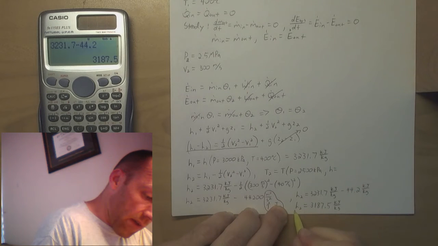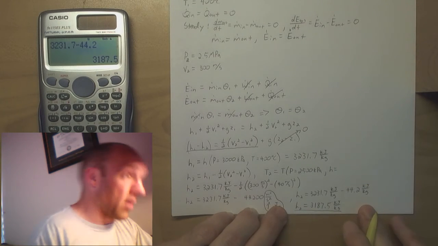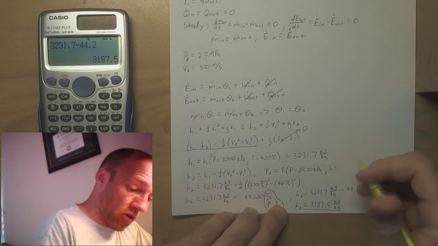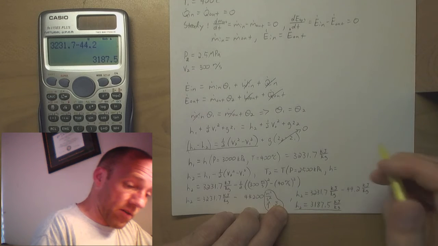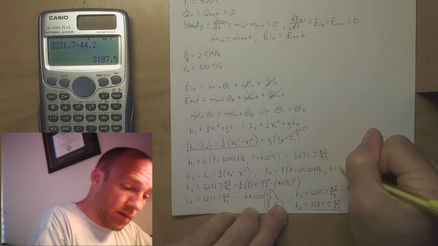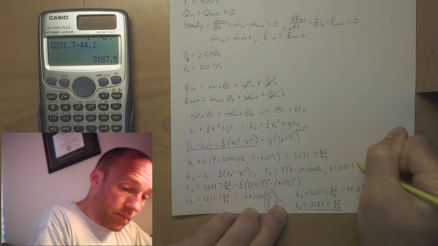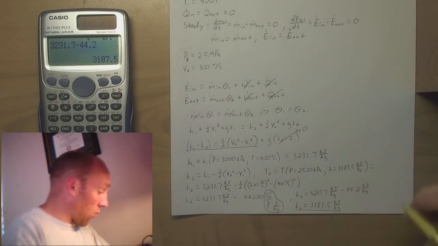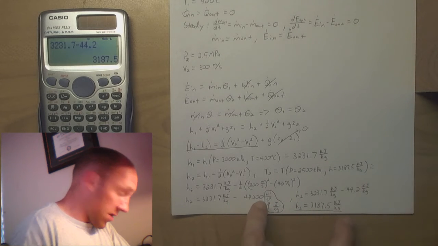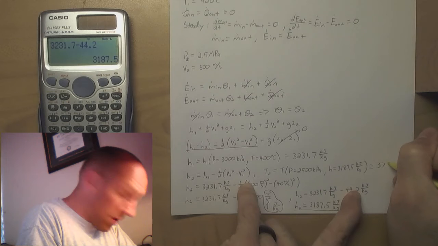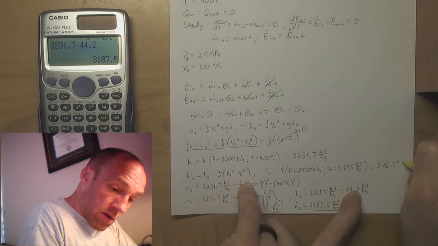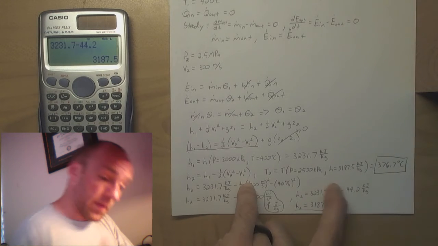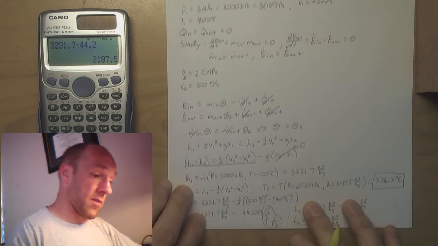All right, so now I have enthalpy at the exit, which would allow me to calculate the temperature at the exit because I have the pressure and now I have an independent intrinsic property. And I run that into my thermodynamic property calculator. Okay, so there's part A.